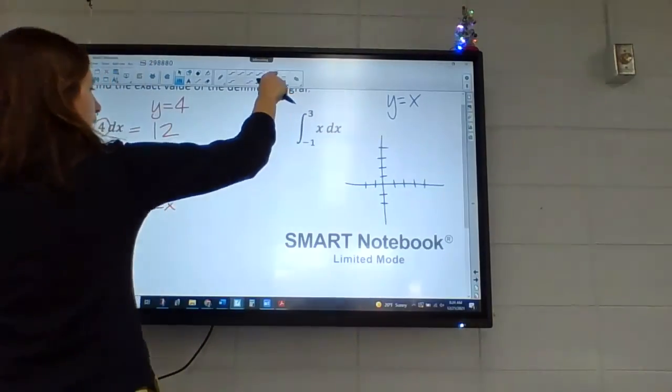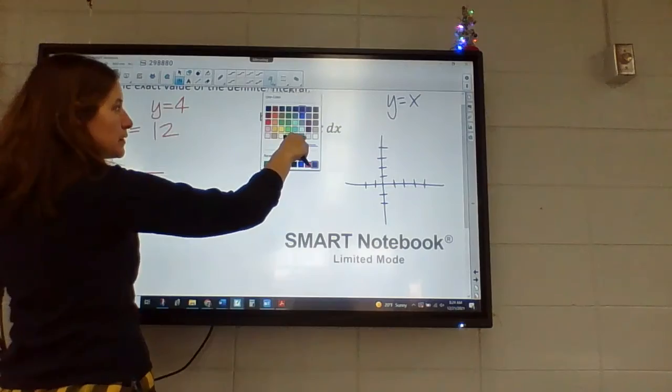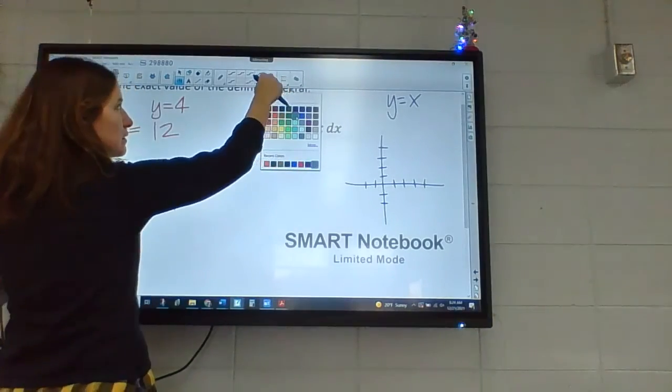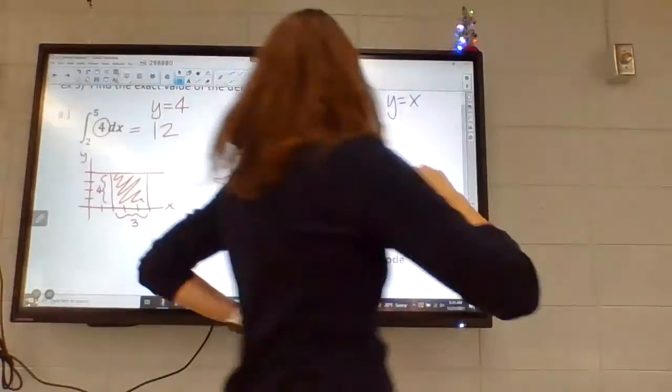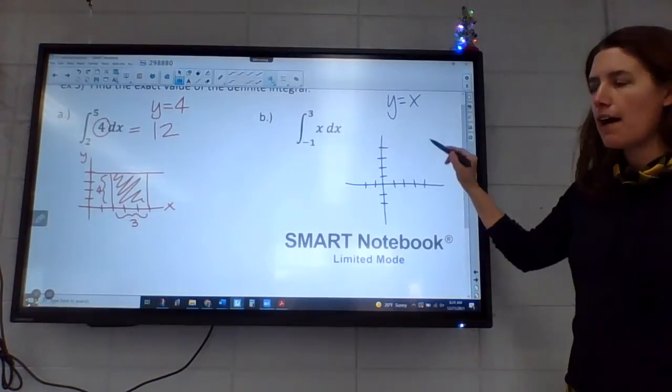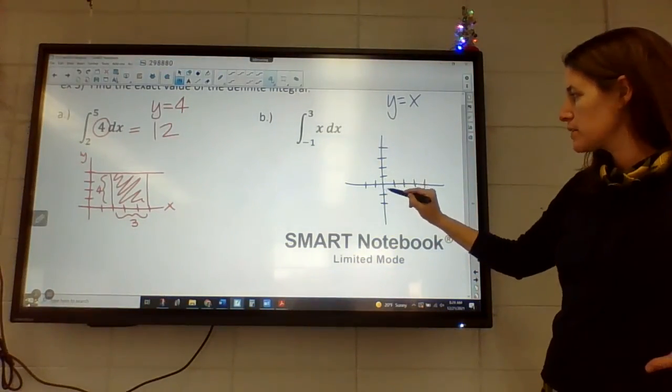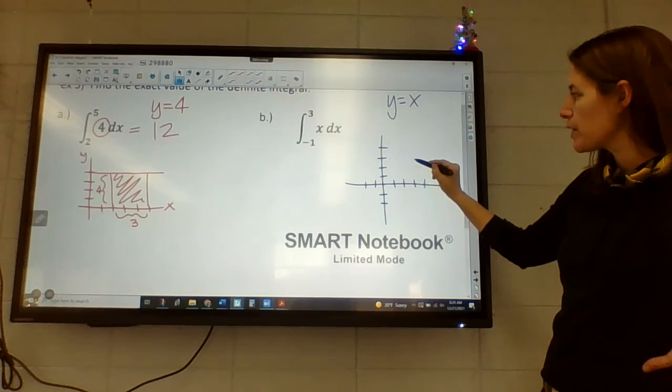So our y equals x graph, what does that graph look like? Straight line, going right to the origin. So I basically can graph this by going 0, 0, going right to the origin here.